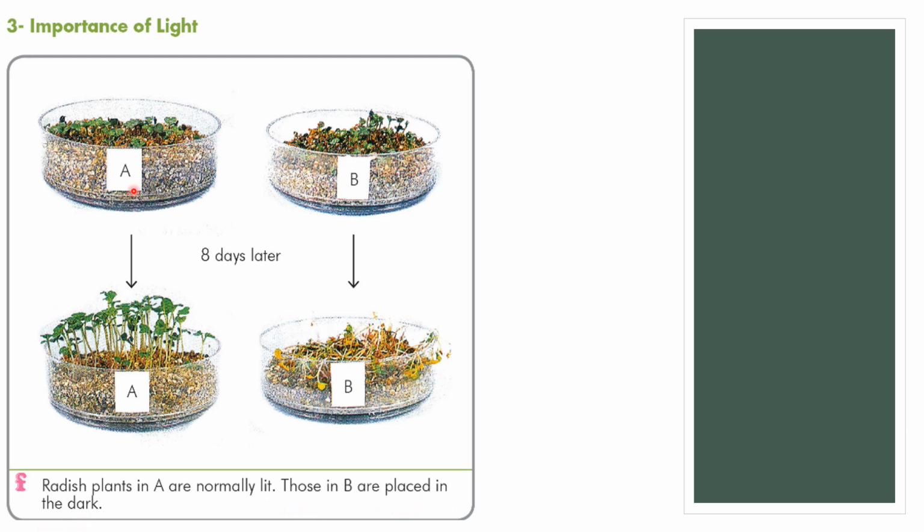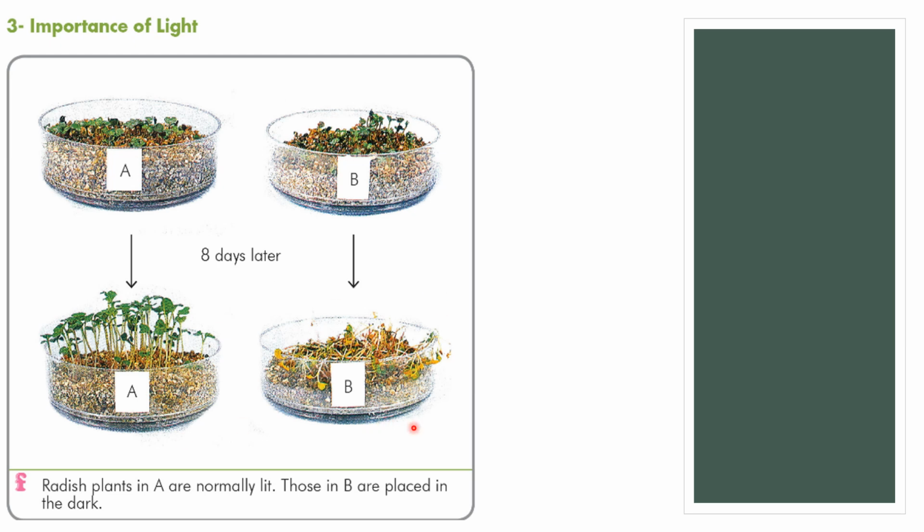Here we have two containers, A and B. Plants of container A are placed in light, exposed to sunlight, while plants in container B are placed in darkness. 8 days later, plants of container A are developed and they are green in color, while plants of container B are not developed and they become yellow in color.